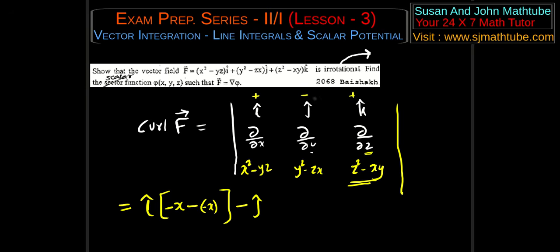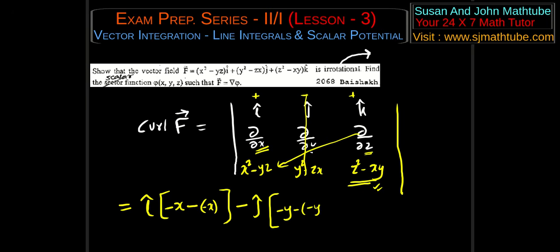Okay, now let's focus on these two. So to differentiate with respect to x this function, who is the only variable? x. And that will be 0 minus, minus y, and this thing with respect to z.